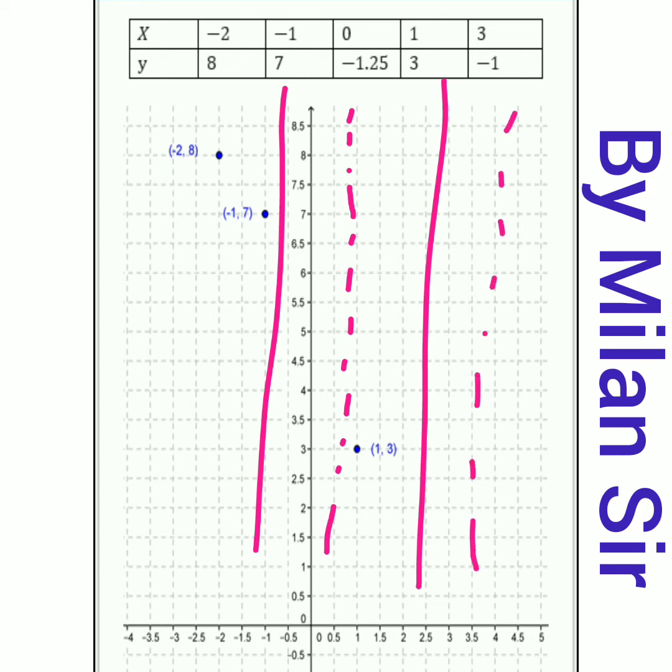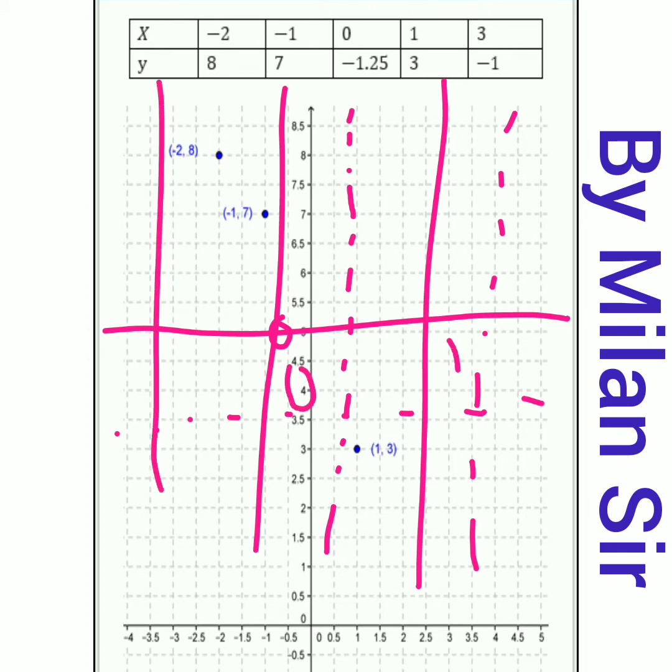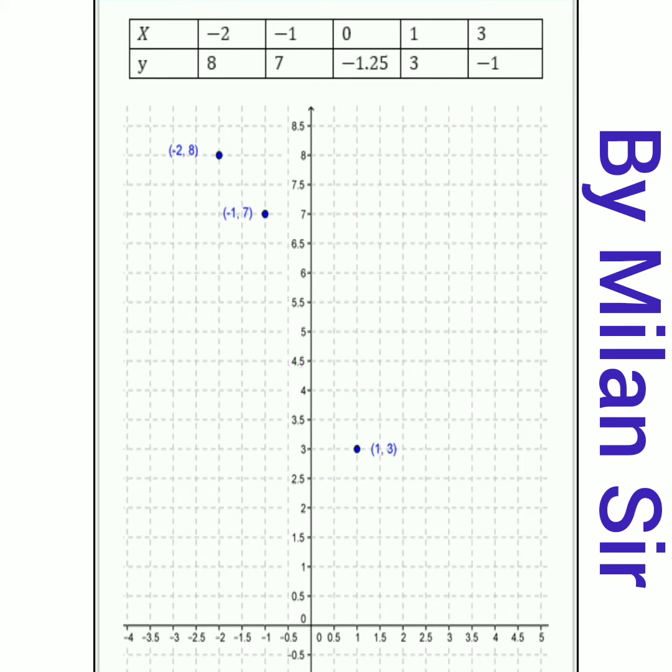So what you need to do is first draw the x-axis and y-axis at the center. Then on the dark lines you need to write the continuous integer numbers. That means here 0, here 1, here 2, sorry, minus 1, like this. You do not need to write 0.5, 1, 1.5, 2.